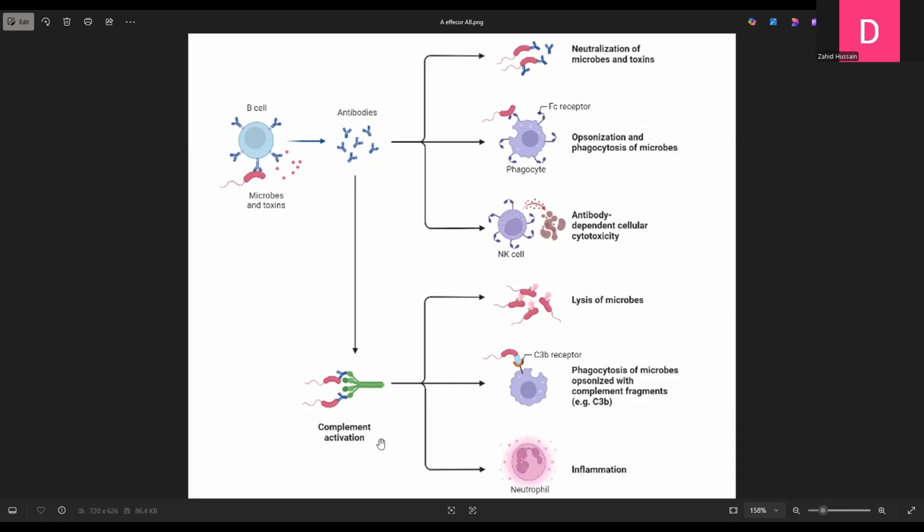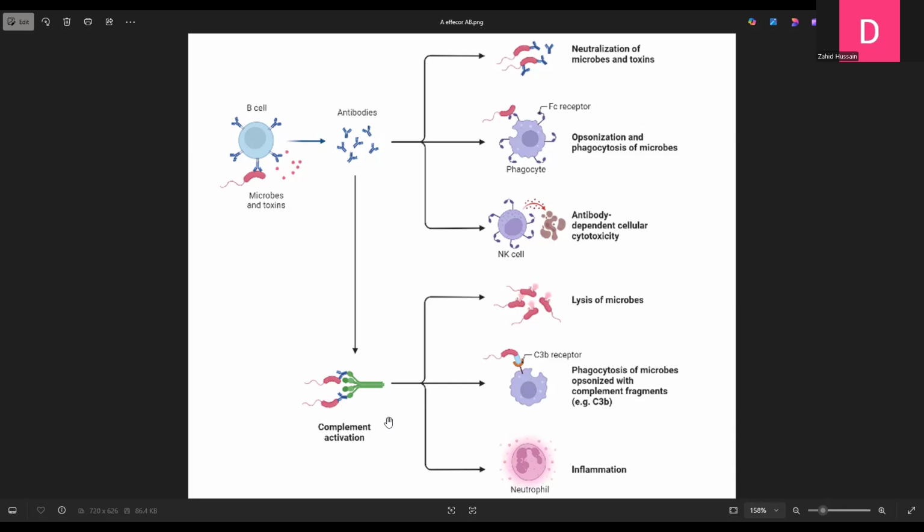Complement system is a system of soluble proteins in the serum, in the blood, which are in the inactive form. Complement activation will take place at the time when the microbe will enter and the antibodies will be there.